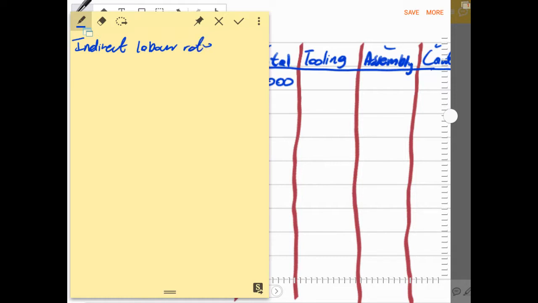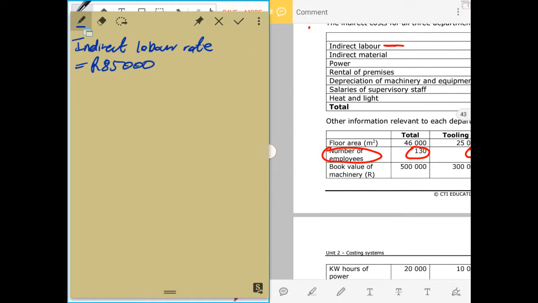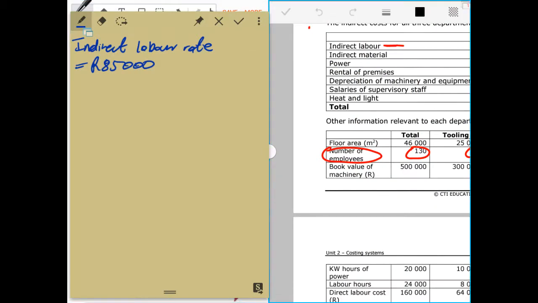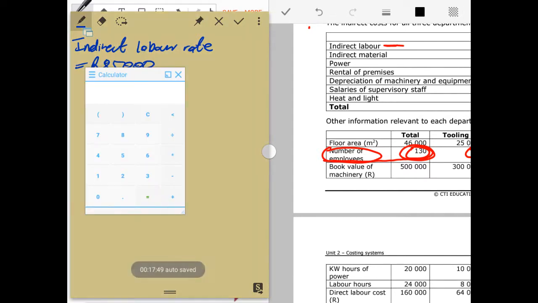The indirect labor rate will be the total labor cost of 85,000 rands divided by the total base. The total base, remember, is the number of employees, and the number of employees is 130. Then we divide by the total of 130, and we will get to our overhead rate or indirect labor rate.